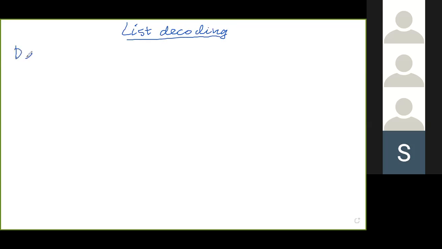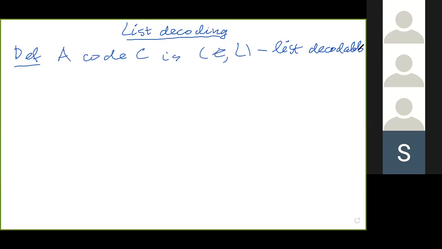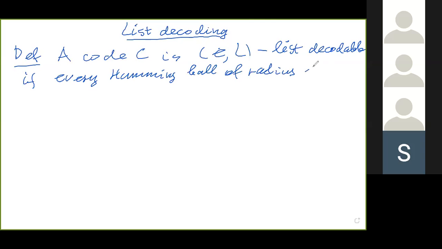We say that the code C is (E, L) list decodable if every Hamming ball of radius E has at most L codewords.